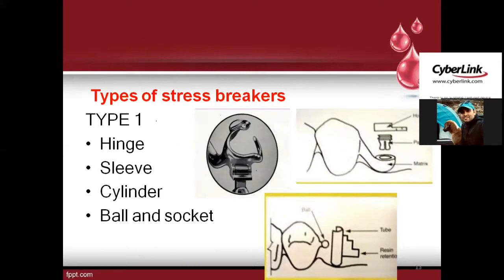Type 1 is where a movable joint is placed between the direct retainer and the denture base. This joint may either be a hinge, or a ball and socket, or a sleeve and cylinder.